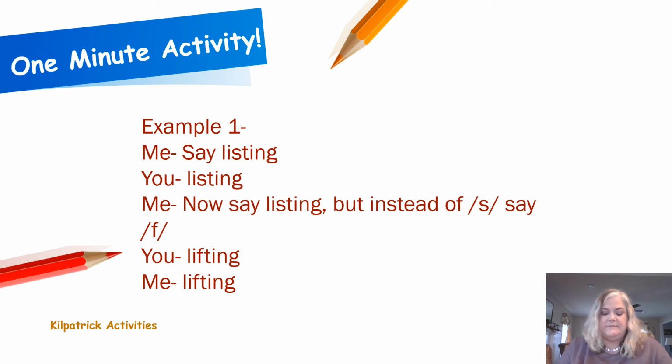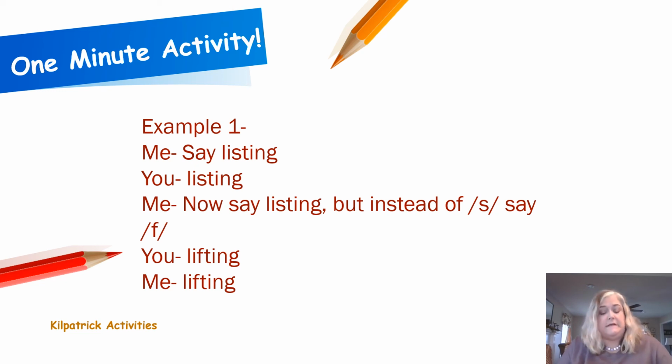Painting. Good. Say cushy. Now say cushy, but instead of sh, say k. Cookie. Good. Say listing. Now say listing, but instead of s, say f. Lifting. Yes, that was our example.